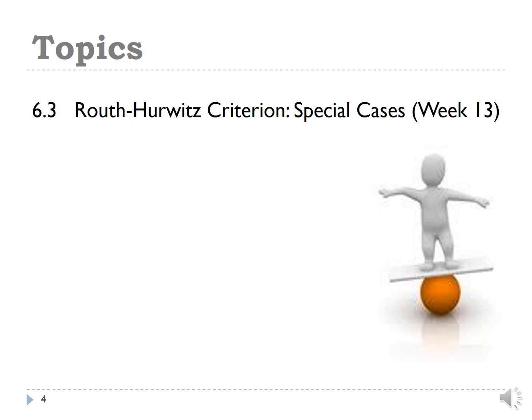We will also learn how to generate and interpret a basic root table in order to determine the stability of a system. For this week lecture, we will consider two special cases that can arise when generating the root table. Without further ado, let's begin part 2 of chapter 6.